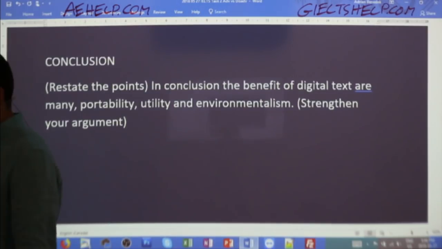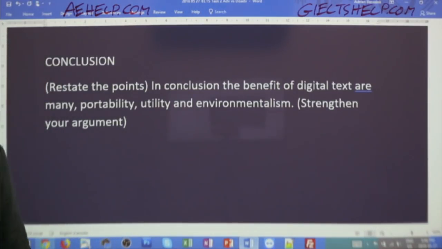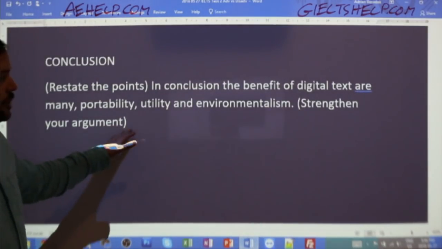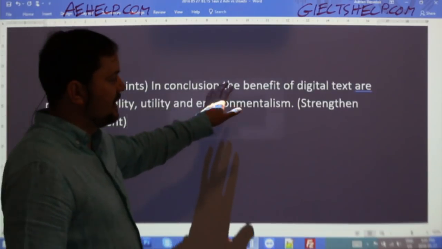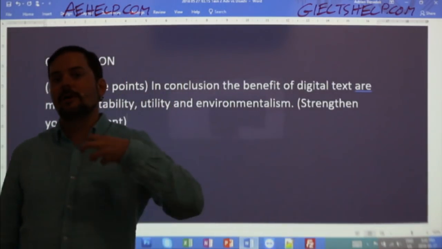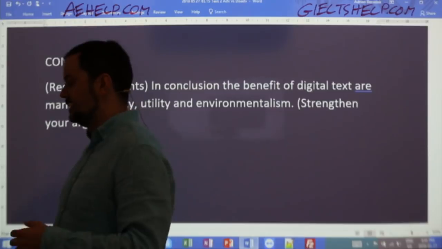So that's your next step of your conclusion. You strengthen your argument. What is your argument? That the advantages of digital books are much more than the disadvantages.